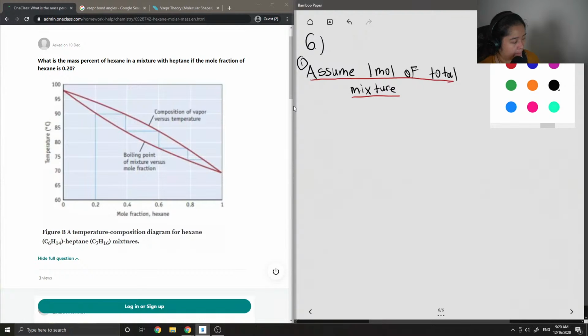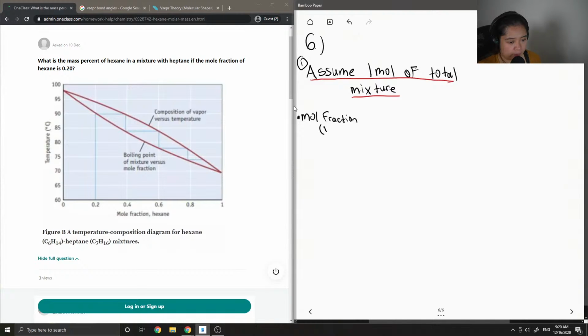So I'll just write down a sample equation showing how mole fraction is calculated. The mole fraction of A, which can be denoted as X, is equal to the number of moles of A divided by the total number of moles.